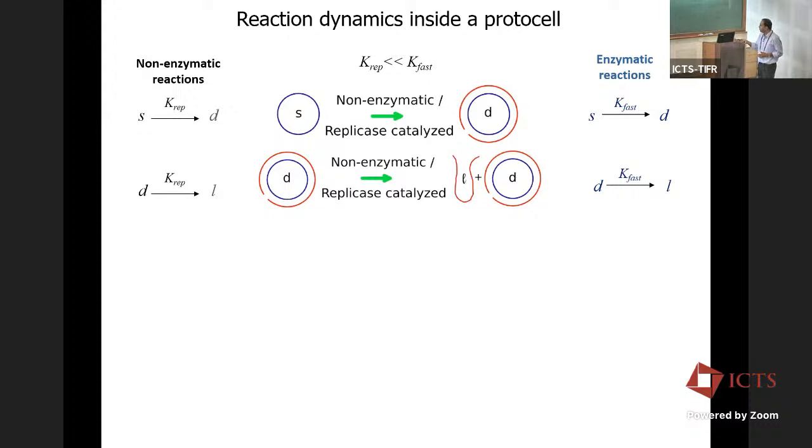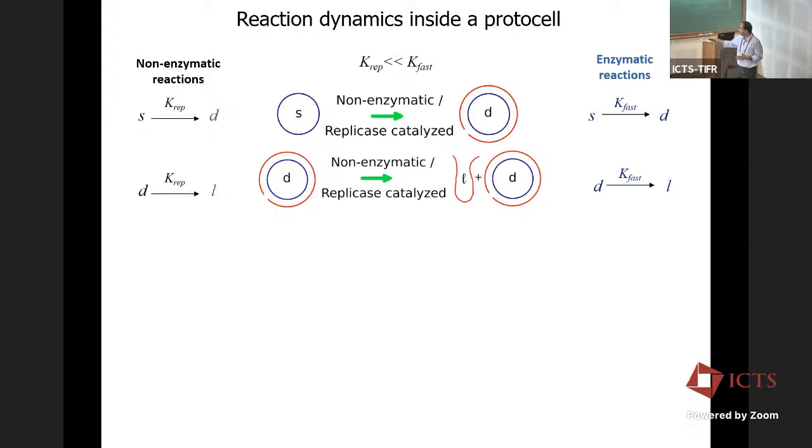So what are these different processes? There's a process that can happen non-enzymatically, and also processes which can occur enzymatically once a replicase or a ribozyme is created inside these protocells.